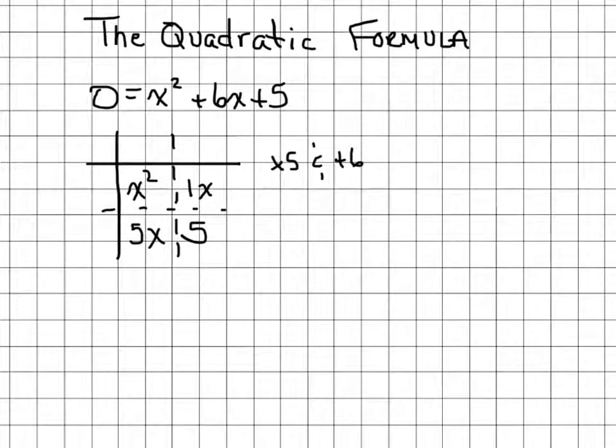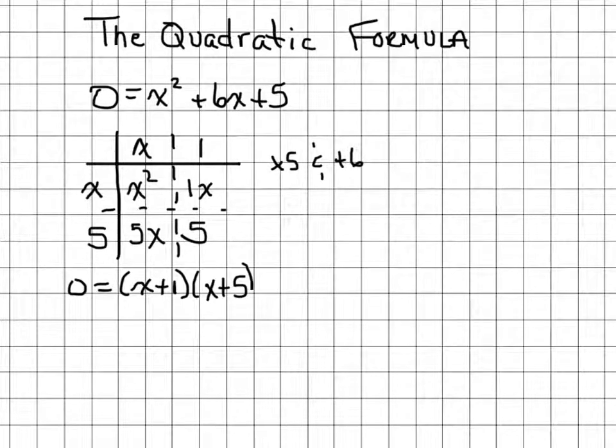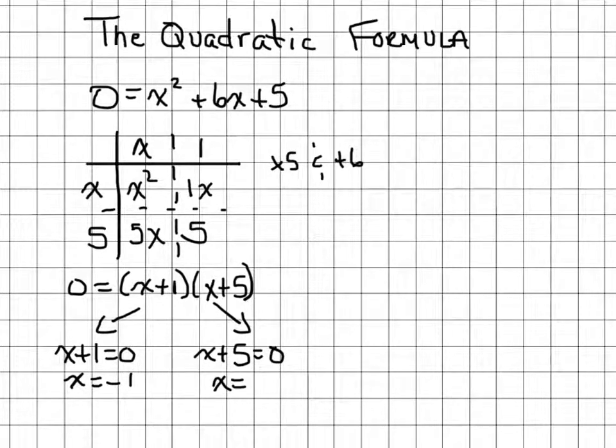Common factoring each row and each column, here's x, this would be 5, x, and this is 1. So my factors are x plus 1 and x plus 5. Now solving, we take each factor and set it to 0, and I end up with x equals minus 1 and x equals minus 5.